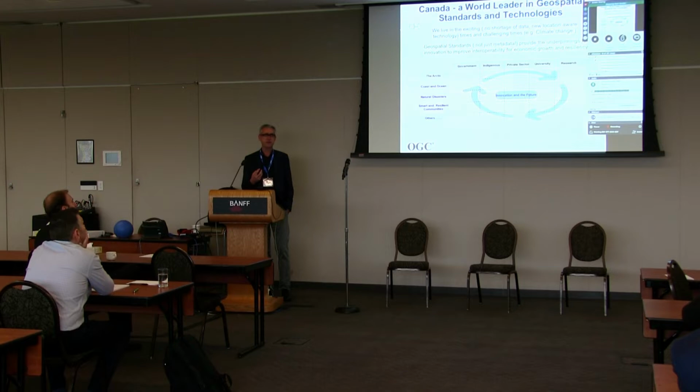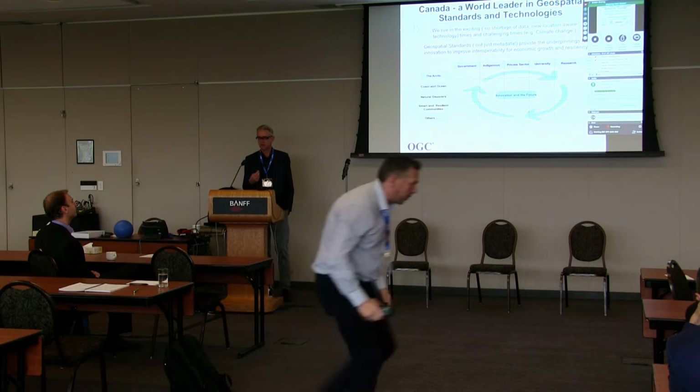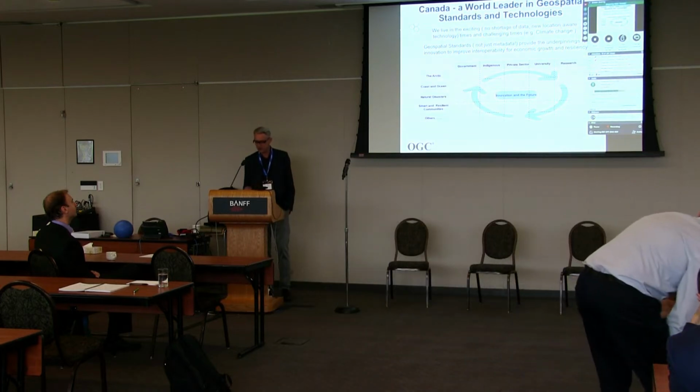The idea is what we really want to focus on is the circular relationship between applications on the right-hand side of the graphic and the various Canadian sectors at the top. So with innovation, growth, all of this is related to helping and improving what we're trying to attain here.